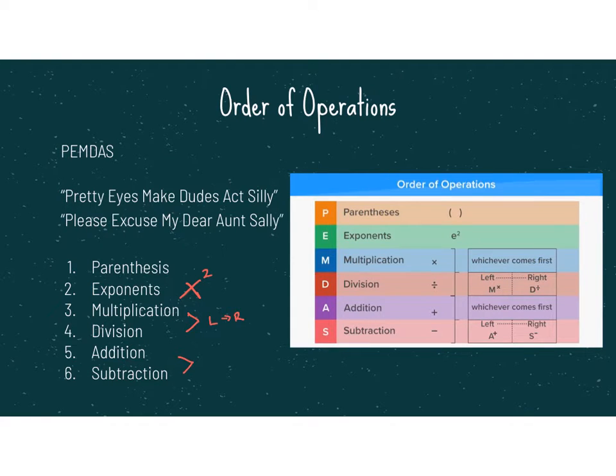Those two are going to come last, but they're going to go left to right as well, just as if you're reading a book. So even if subtraction comes first, you're going to subtract and then you're going to add. Multiplication, division, addition, subtraction: those four can be flipped around, but they have to stay within their set.